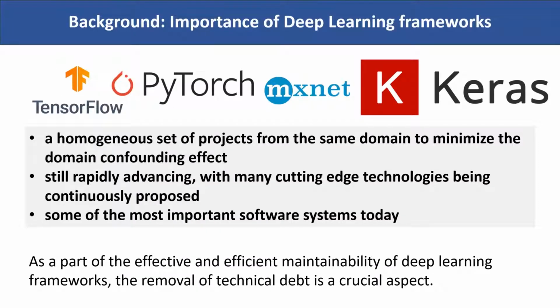To find the common patterns on how developers remove different types of technical debt, we use the introduction and removal of SATD instances in a family of software systems as an example, that is deep learning frameworks. This is because we would like to choose a homogeneous set of projects from the same domain to minimize the domain confounding effect.